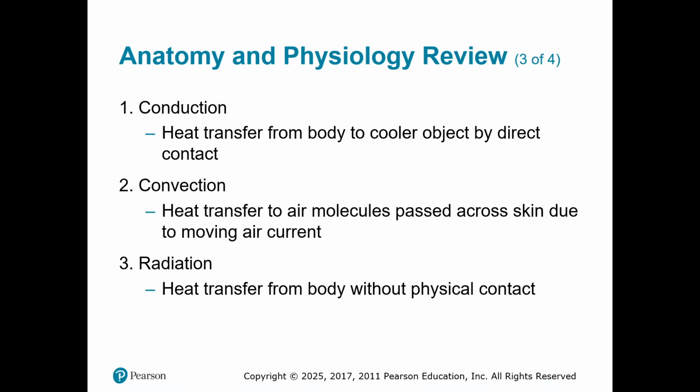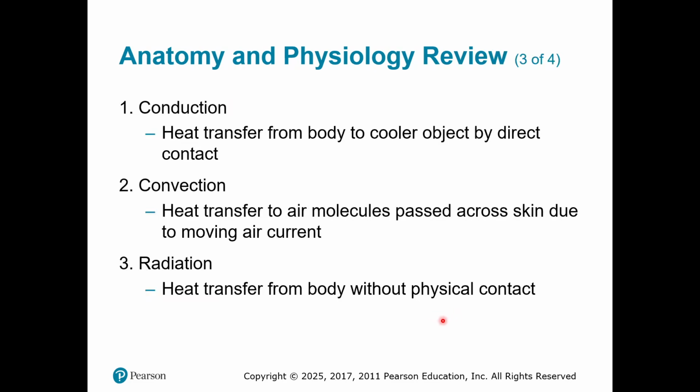Let's talk about a few of those. Number 1 would be conduction, and that's the actual heat transfer from the body to cooler objects by direct contact. So this would be like leaning up against a steel door, something like that. Convection, this is heat transfer to air molecules passed across the skin due to a moving air current. Convection would be like standing in front of a fan.